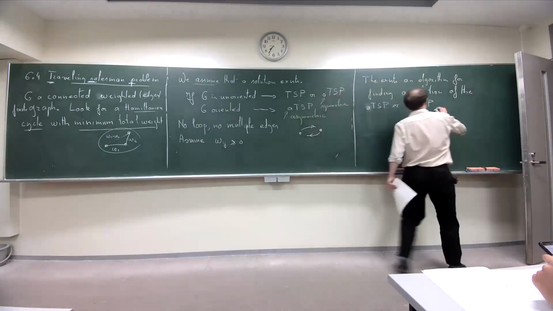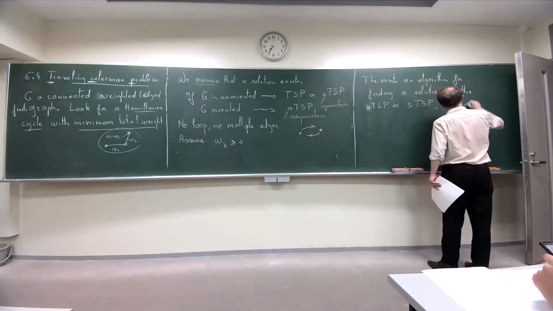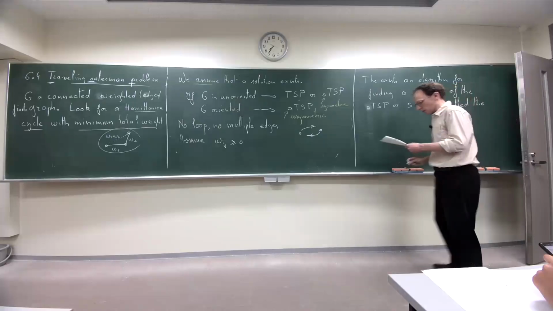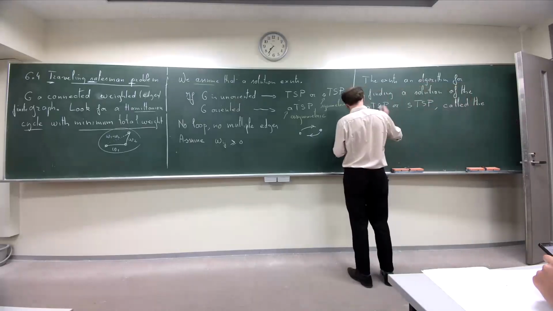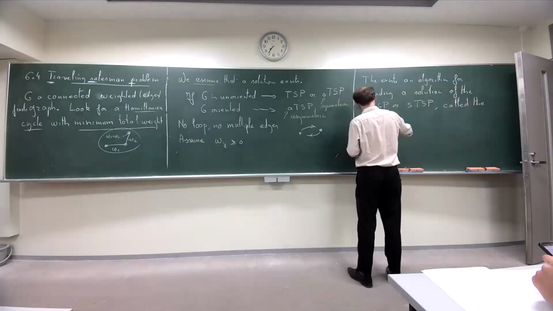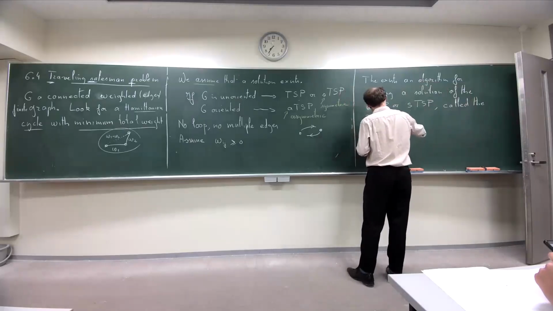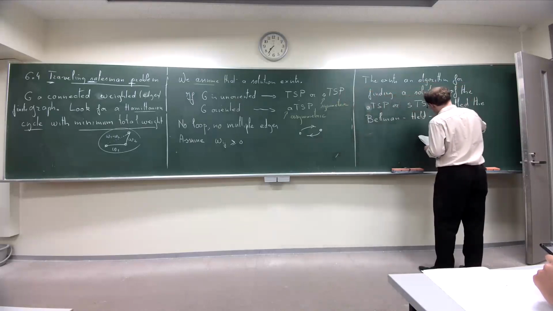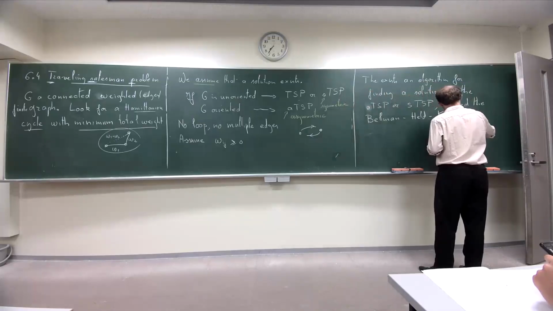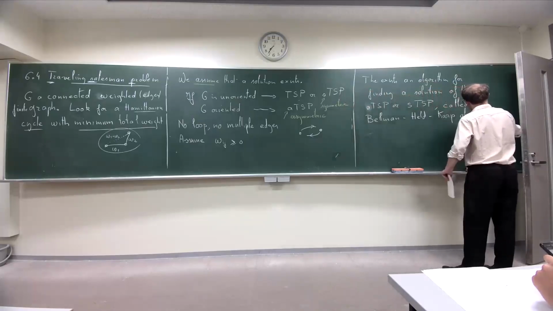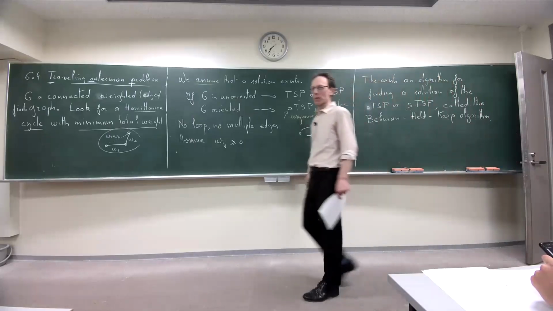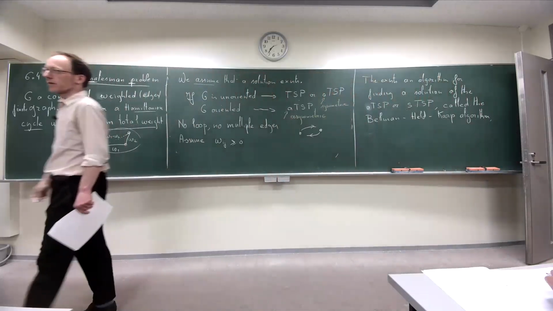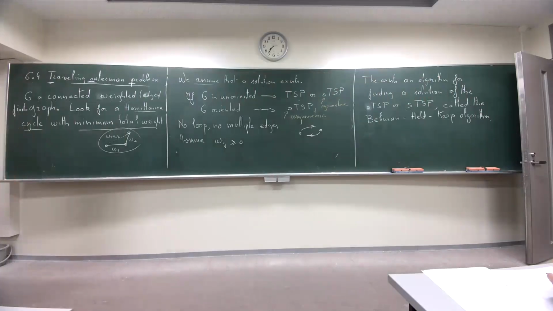And this is called the Bellman-Held-Karp algorithm. By the way, if somebody wants to study this algorithm, it's a good exercise. You can find plenty of things about this in the literature.